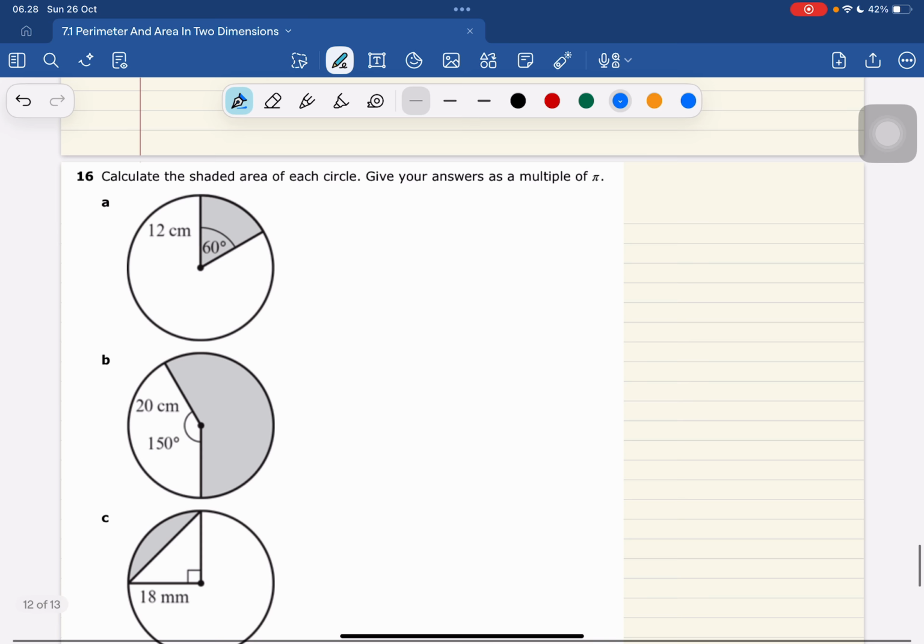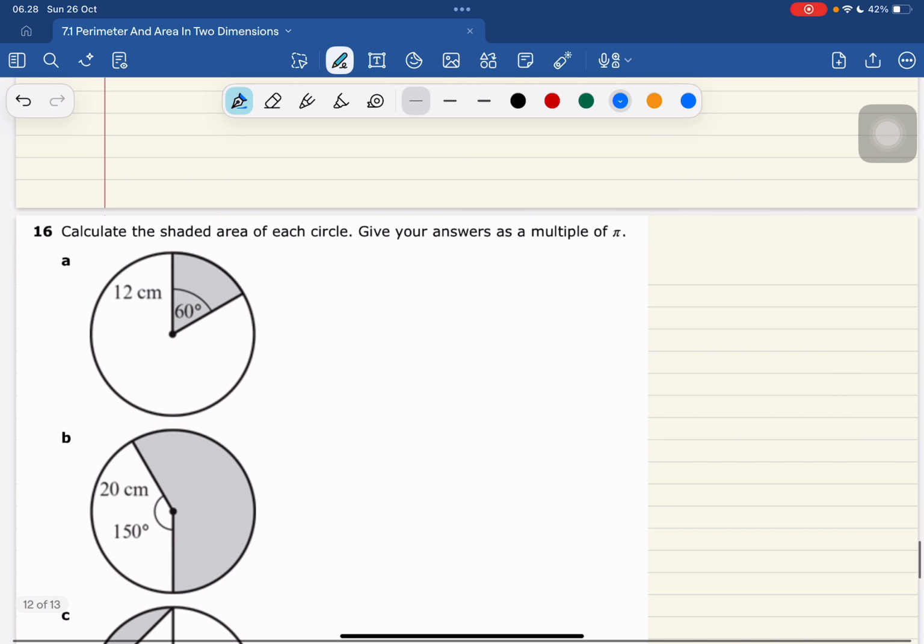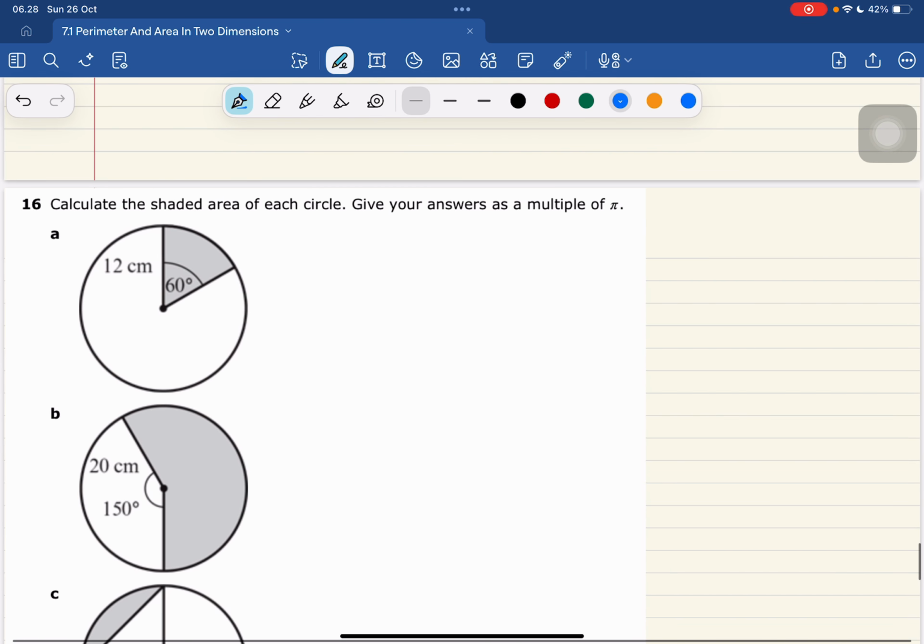Next, calculate the shaded area of the arc. Answer as multiple of pi. Okay, this is the area of the arc. So this is 60 degrees of 360 degrees. The area is pi r squared. So this is 1/6. R we got 12. So pi times 12 squared.